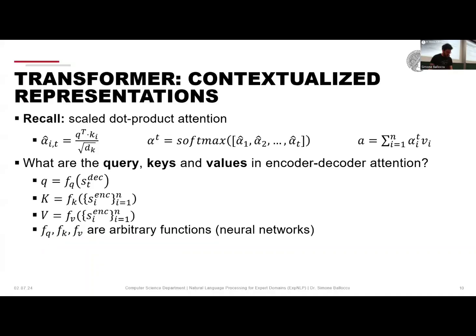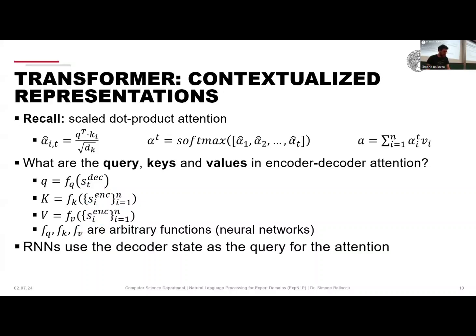The queries come from the decoder. Basically, they're the current state of the decoder we're considering. The keys and the values are all the states of the encoder. So we keep looking at all the states of the encoder, say, okay, I have the cat sat. To produce the first word, how much should I care about the cat and sat?